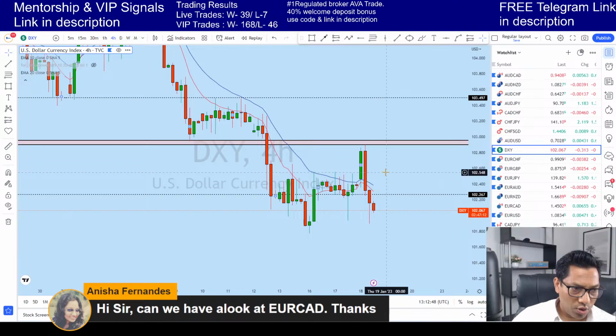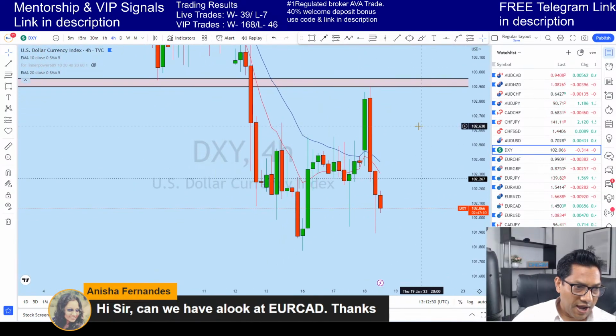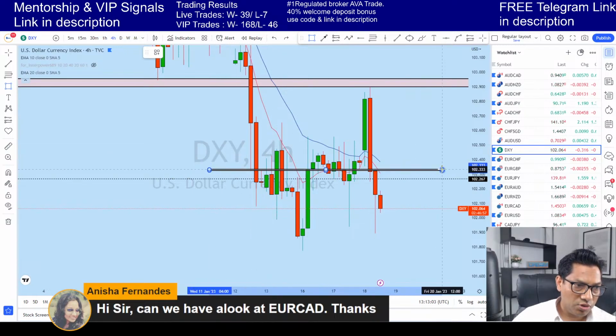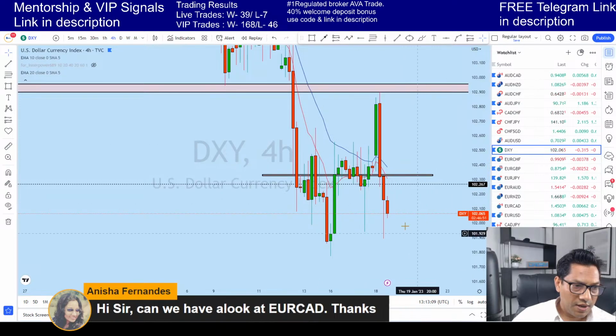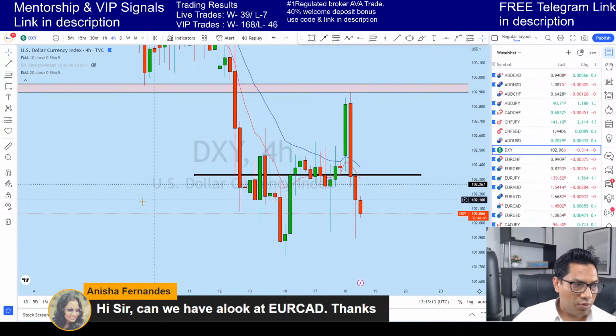Now, feeling that weakness, I will be really happy to open a good sell position on any USD pairs when DXY breaks this high, which is one probability during the news, to break this high and grab liquidity from this 20 EMA and then drop. This will be a very good place for a potential setup on DXY.